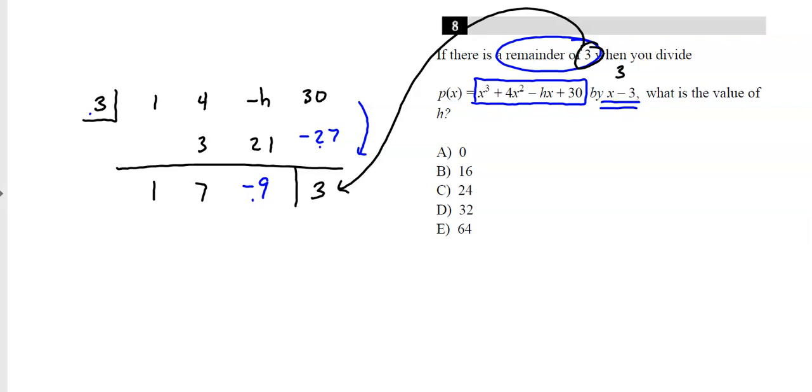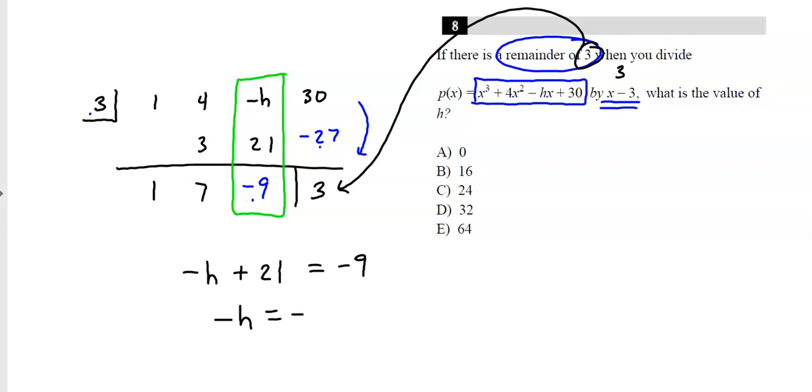Now I know what happened right there. I know that negative h, when added to 21, gave me a negative 9. So when I subtract 21 from both sides, I get negative h equals negative 30. Divide by negative 1, and it looks like h must have been 30.